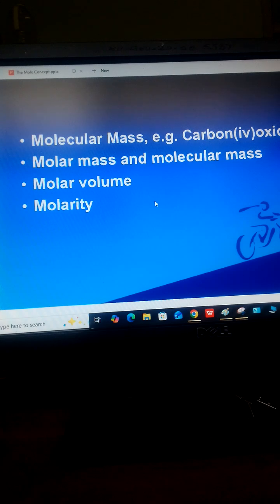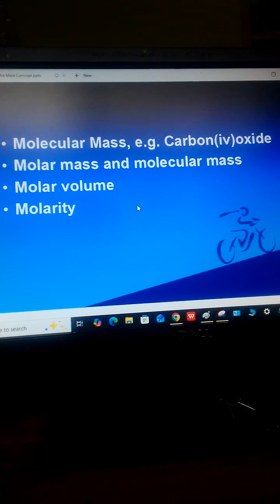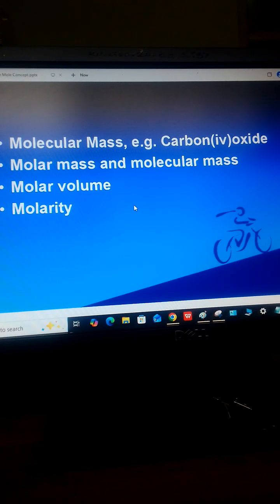Now, molecular mass. Molecular mass of a compound is the mass of 1 molecule of the compound. For example, the molecular mass of carbon(IV) oxide, that is carbon dioxide, is equal to the atomic mass of carbon, from the periodic table, 12.01, plus 2 times the atomic mass of oxygen, that is 2 times 16 approximately.